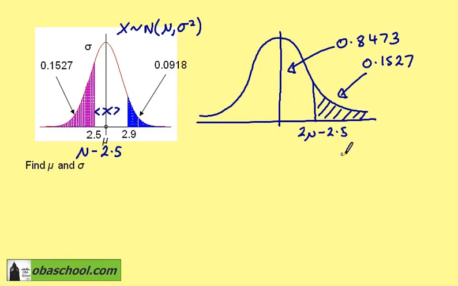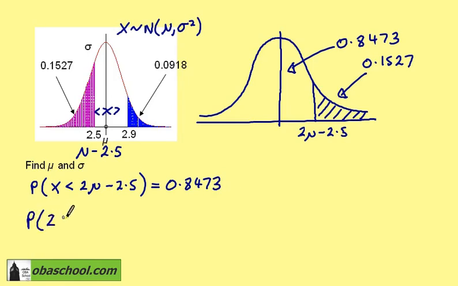To go mu minus 2.5 to the right of mu, we do mu plus mu minus 2.5. If you don't understand this, just try it with a few numbers. The probability that x is less than 2 mu minus 2.5 we know is the 0.8473.